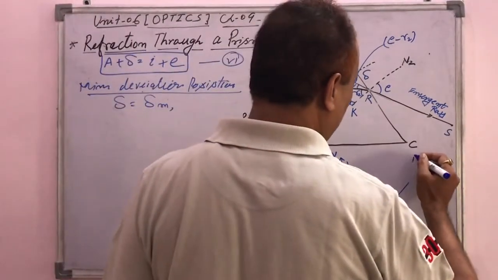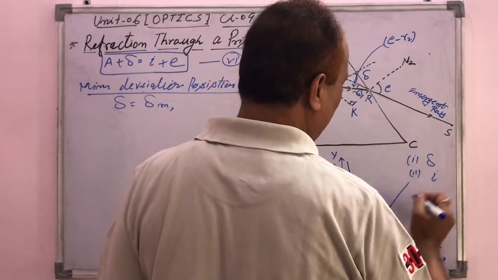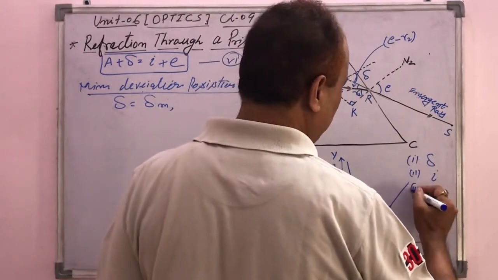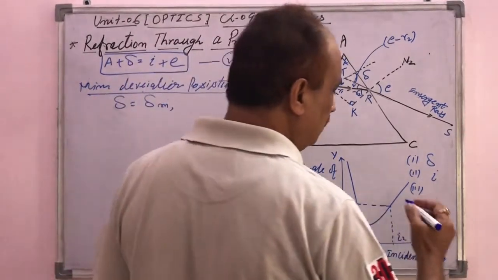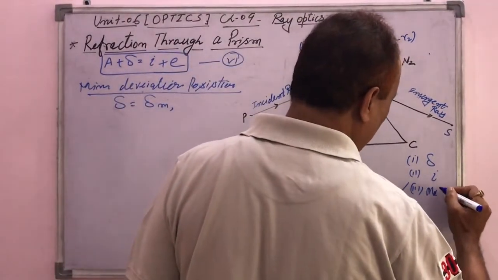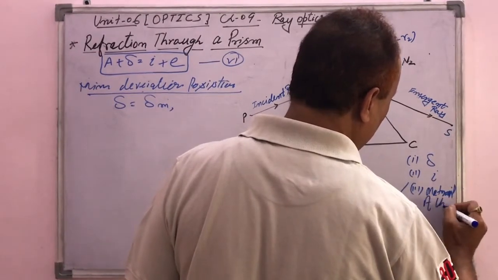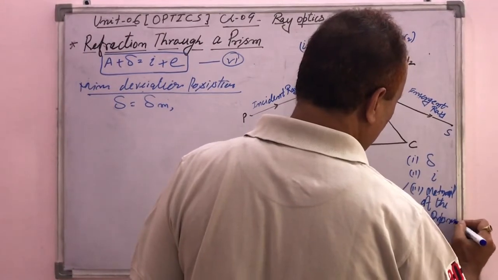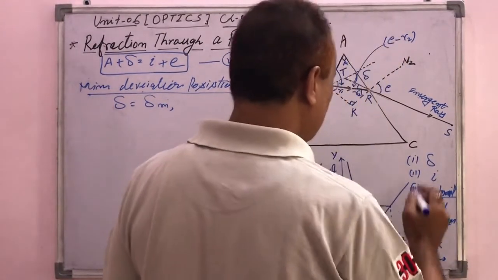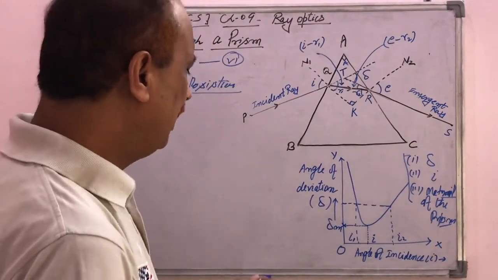The first factor is the angle of deviation, the second factor is the angle of incidence I, and the third factor is the nature of the material of the prism. The material of the prism means the nature of the glass. So these are the three factors on which the refraction depends.